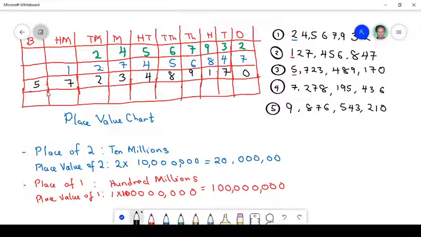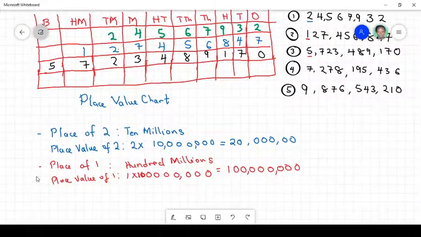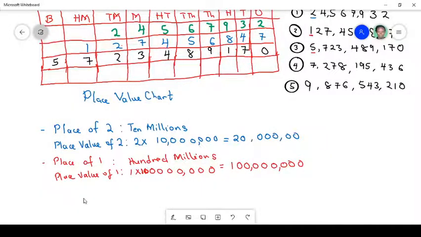We want to find the place of 5. The easiest way to go about it is with the place value chart, which makes it easier.